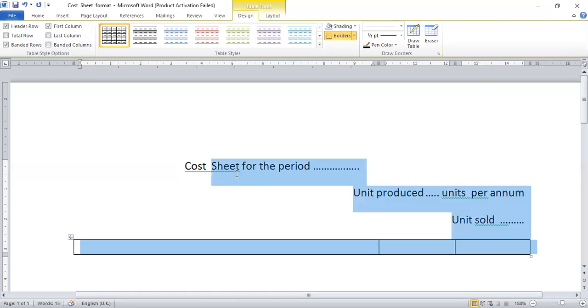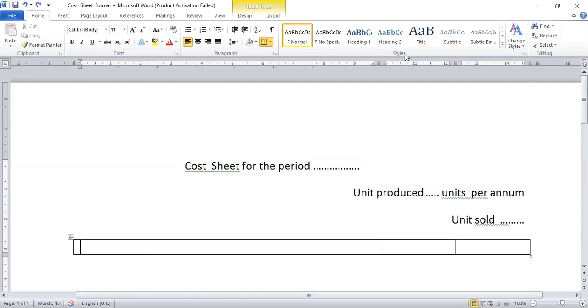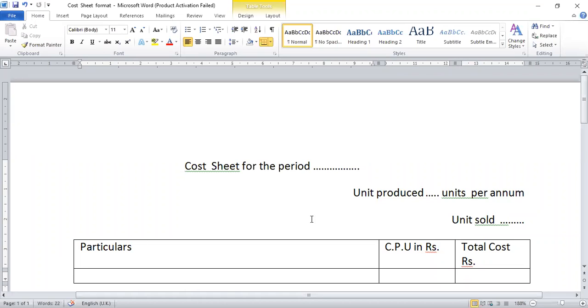So first column will normally be particulars, then cost per unit in rupees, correct, and then total cost in rupees. So basically these columns we require. Okay, make these 3 columns in your notebook, and let us start with the pro forma of cost sheet.